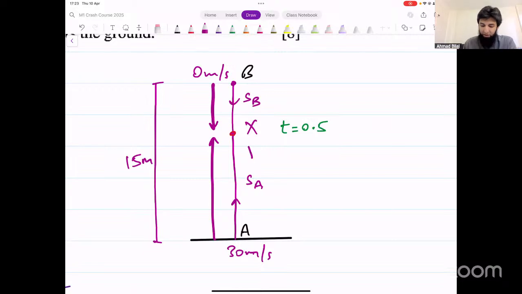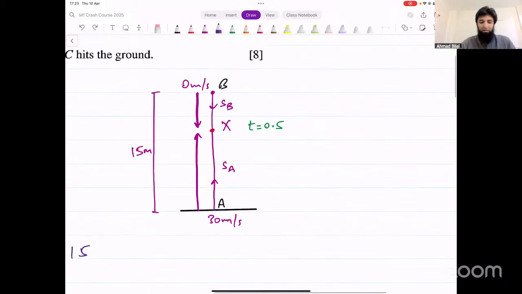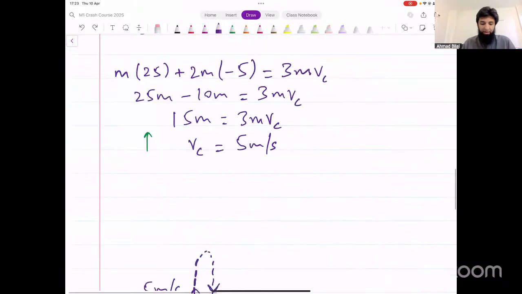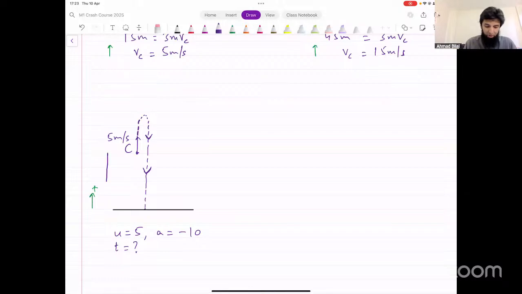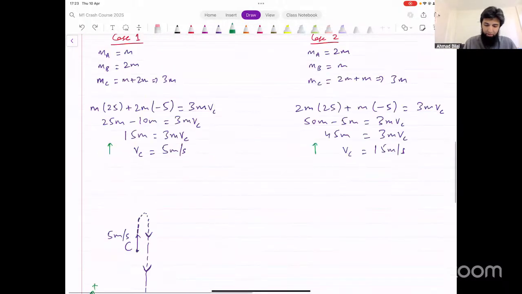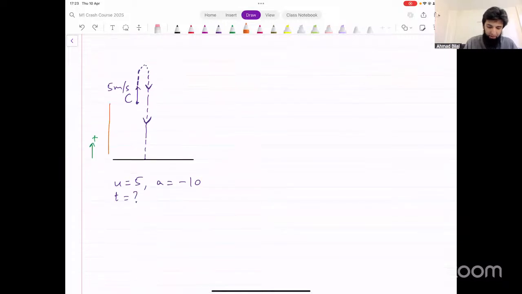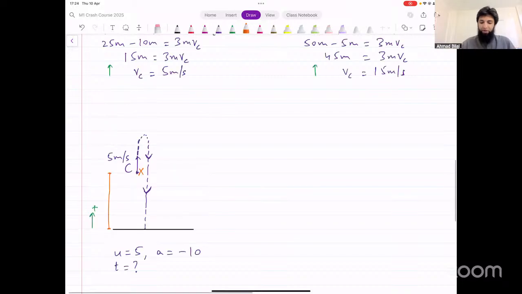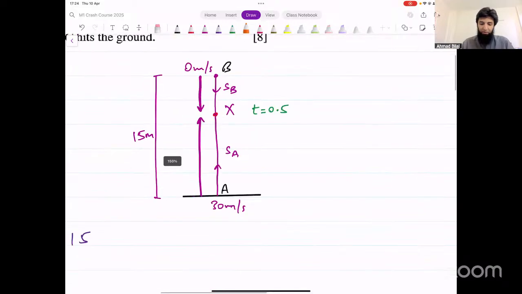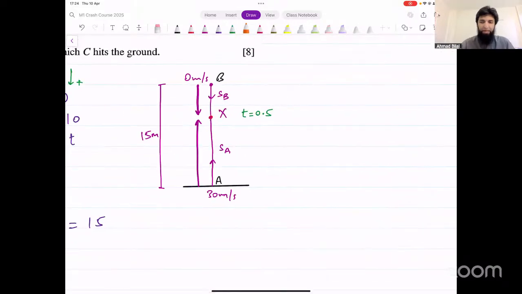Now, this is where they merge to become object C. So the height that C has at this point is basically whatever was the height of X, the point of collision, right? We can use that to figure out how much displacement C would have from this point until it reaches the ground. How can we do that?